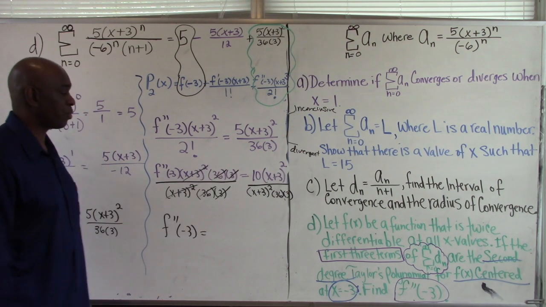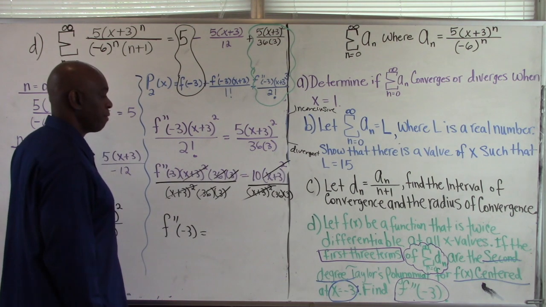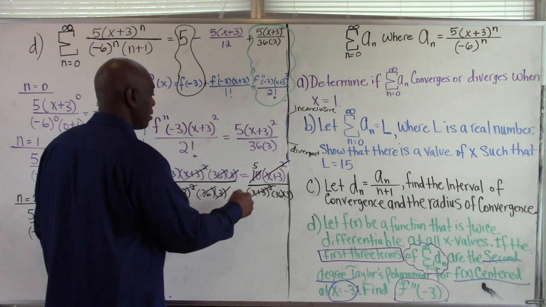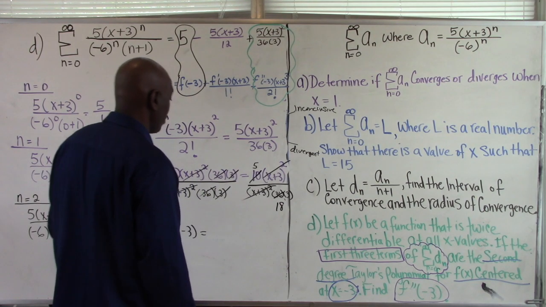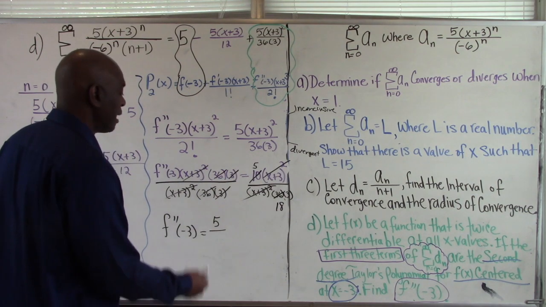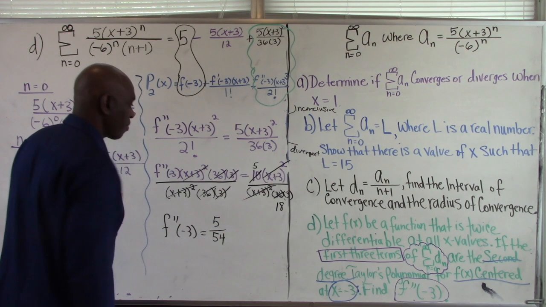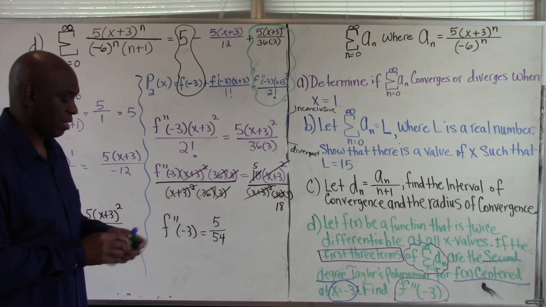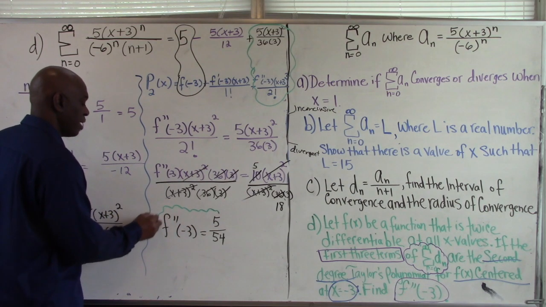And there you go, that's what it equals. Notice that the x plus 3 quantity squares cancel out. 10 going to itself, 2 going to 10 5 times, 2 going to 36 18 times, and there you go. So it's going to equal 5 over 18 times 3 is 54, right? 54, okay, yep, 54, and there you go. That's it. And that is what f double prime at negative 3 is.